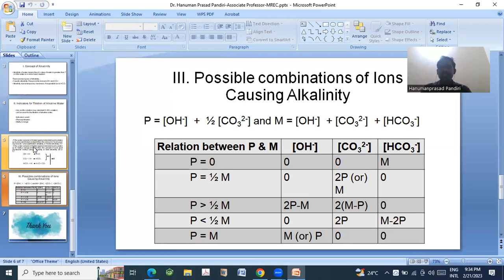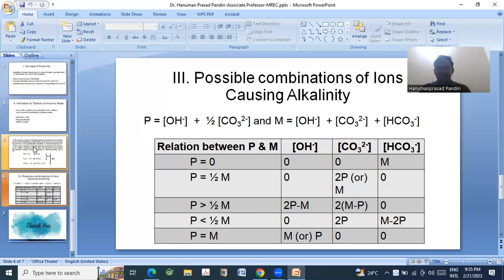In the titration, if you observe, phenolphthalein alkalinity is greater than half of methyl orange alkalinity. That is, P is greater than half M. This relation is valid only when bicarbonate concentration is 0. So let's substitute bicarbonate concentration as 0.